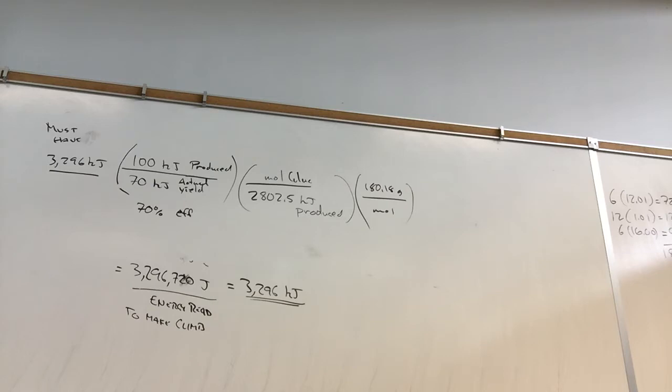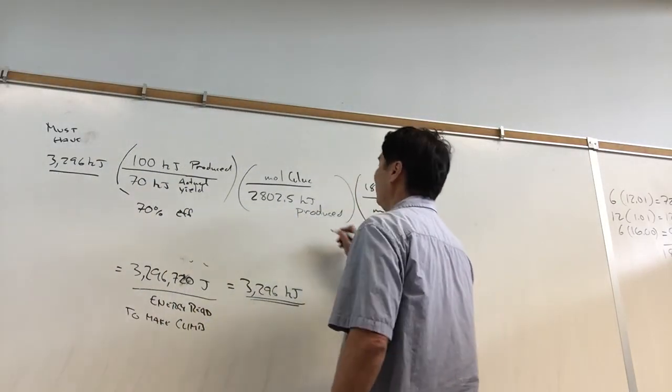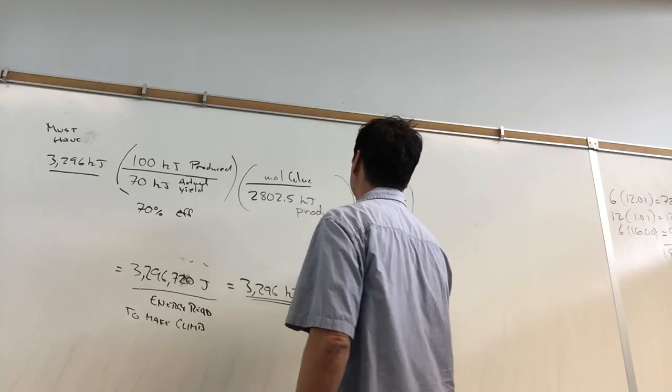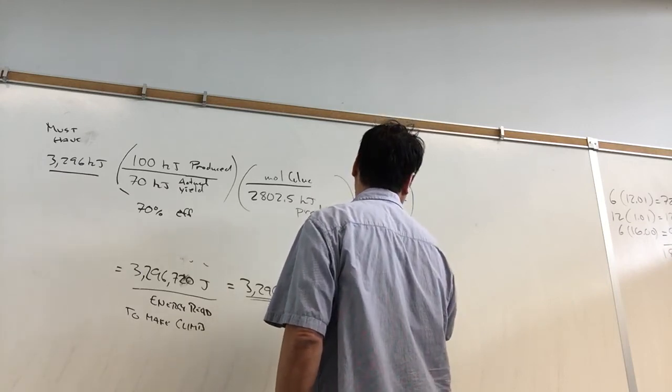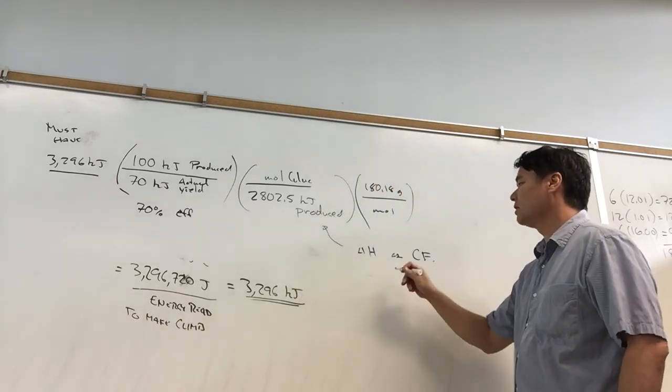And once we have the delta H's, then we could use the delta H's to make all kinds of predictions with reactions. And so this is pretty much all of the chapter. The rest of the problems are using delta H's as conversion factors, a conversion factor we use in dimensional analysis.